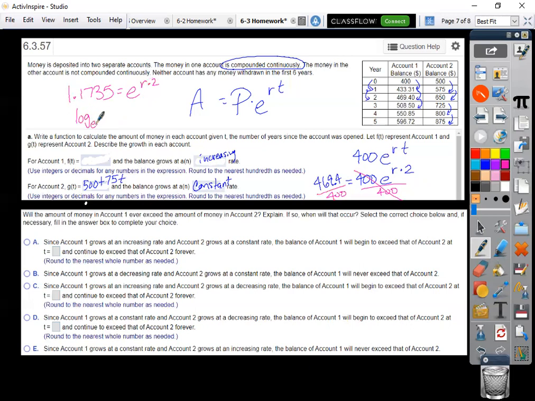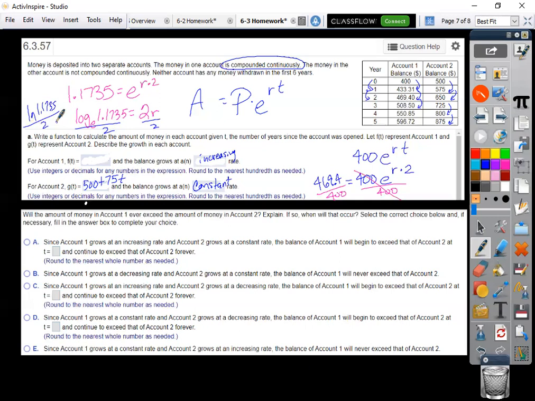Log base e, remember that's just going to be natural log, of 1.1735 equals the exponent 2r, and then we're going to divide by this 2, and we'll have our r.